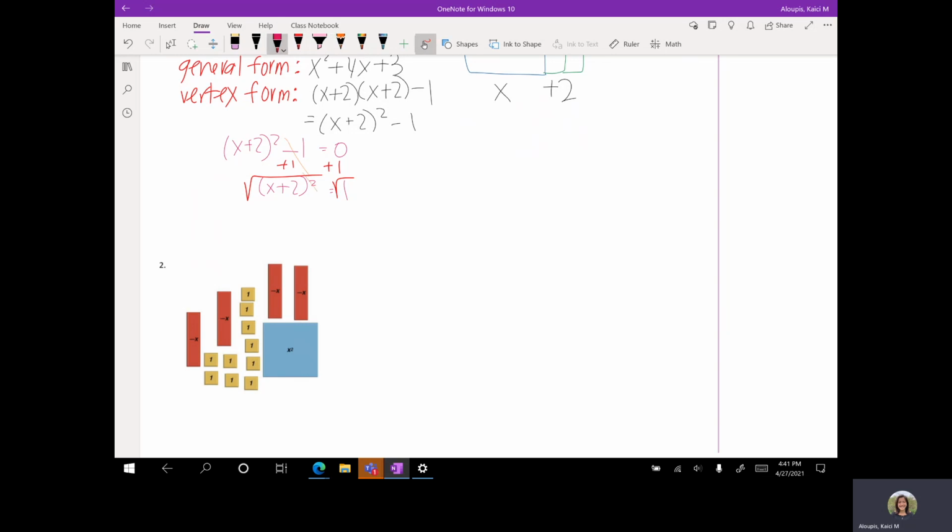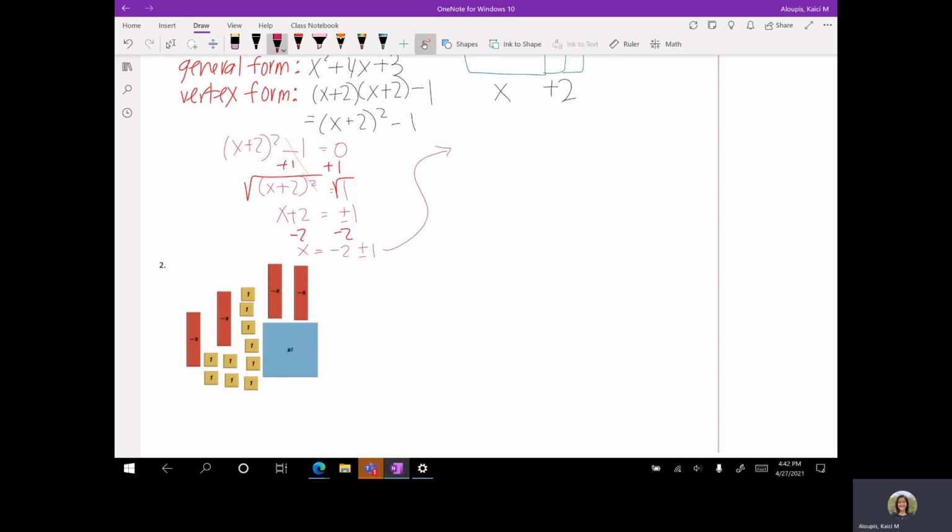So then we just get x plus 2 is equal to plus or minus 1, because the square root of 1 is 1, as in what times itself will give us 1. Either positive 1 times positive 1 will give us 1, or negative 1 times negative 1 will give us 1. Last little bit, subtract 2 on both sides, and we get x is equal to negative 2 plus or minus 1.